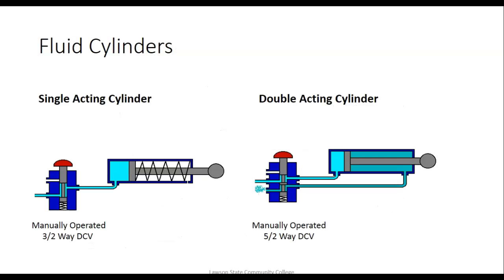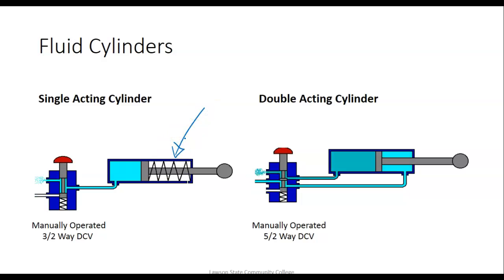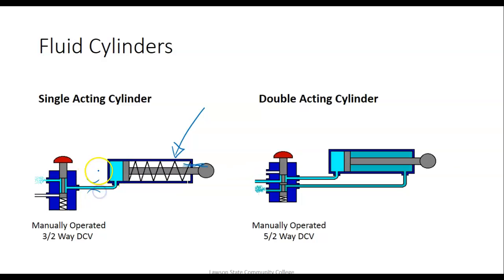The only exception to the rule is this guy right here. If I'm controlling one of these, we don't have the exhaust, because the exhaust actually goes out through the cylinder itself. So if we're going to control the speed with this one, the only option we've got is to meter in. So it's going to be a little jerky, right?